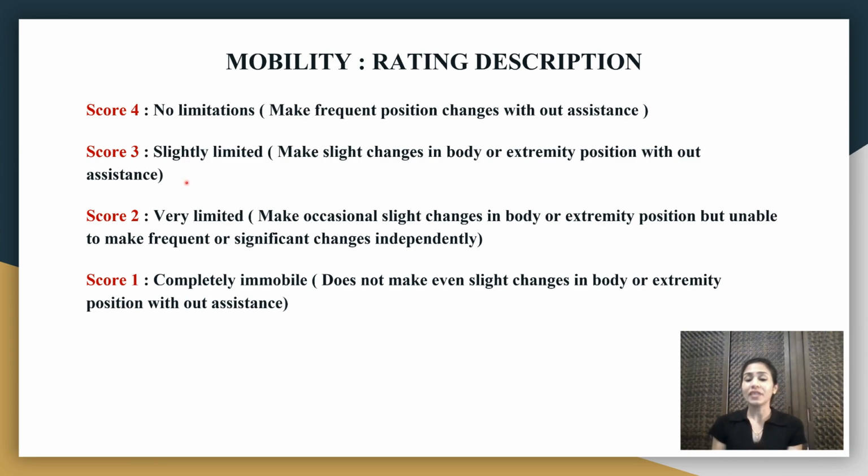In 3, there will be slight limitations: the patient can make slight changes in body or extremity position without assistance. You can give a score of 3. In 2, the patient can make occasional slight changes in body or extremity position but is unable to make frequent or significant changes independently. That means the patient needs assistance to maintain position. In such case, you can give a score of 2.